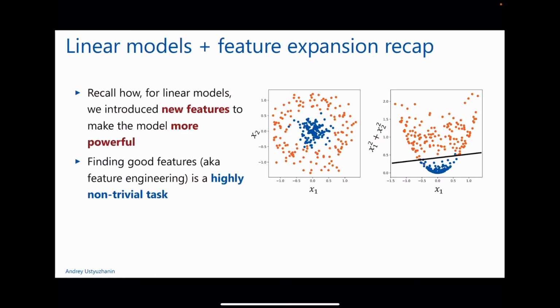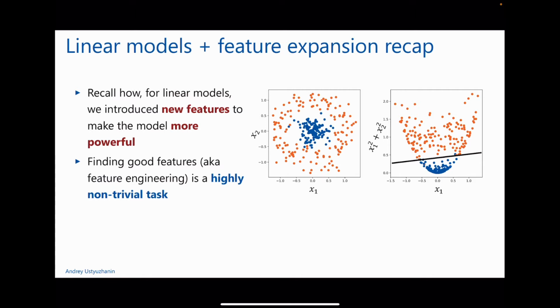As you remember, in the previous lectures, we covered so-called linear models and how those models can be applied to the solution of more sophisticated cases when you don't have obvious linear boundary.